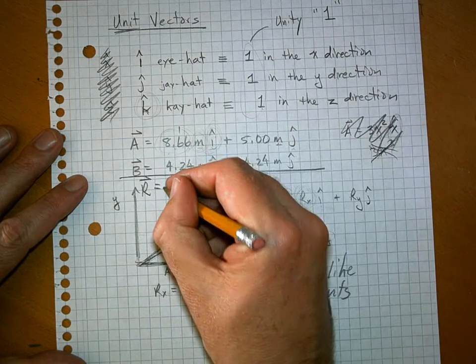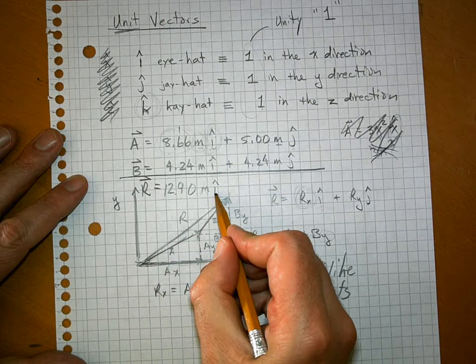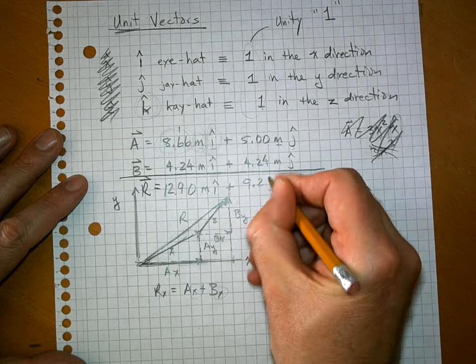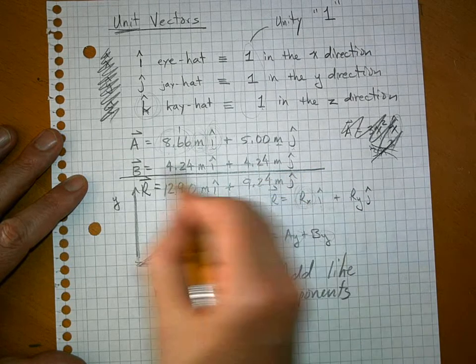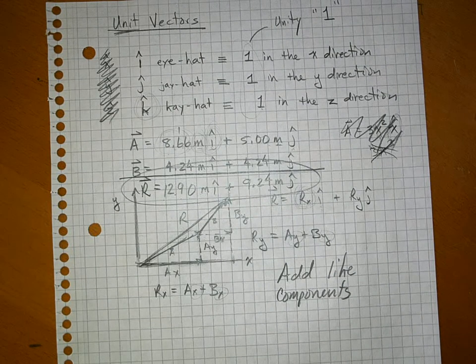So that's 12.90 meters in the x direction, plus 9.24 meters in the j hat direction. And there's my answer. That is the result in rectangular coordinates from adding vector A plus vector B.